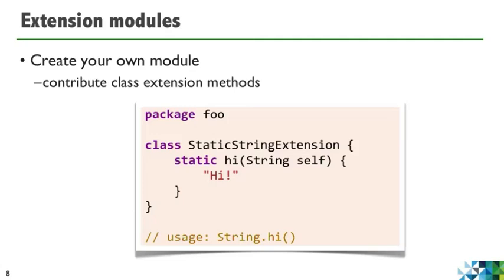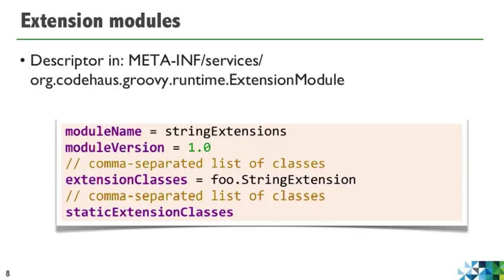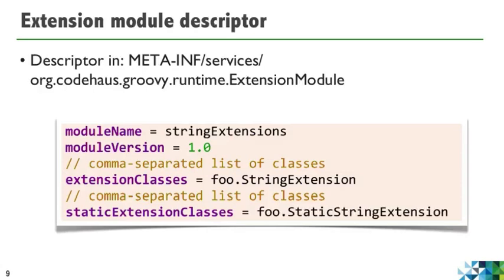So we created those classes, but now we need to reference them. So we need to tell the Groovy runtime how to discover those extension methods. So this is how we're doing that. We're creating a special file that we call the extension module descriptor, that we have to put in META-INF/services or org.codehaus.groovy.runtime.ExtensionModule.